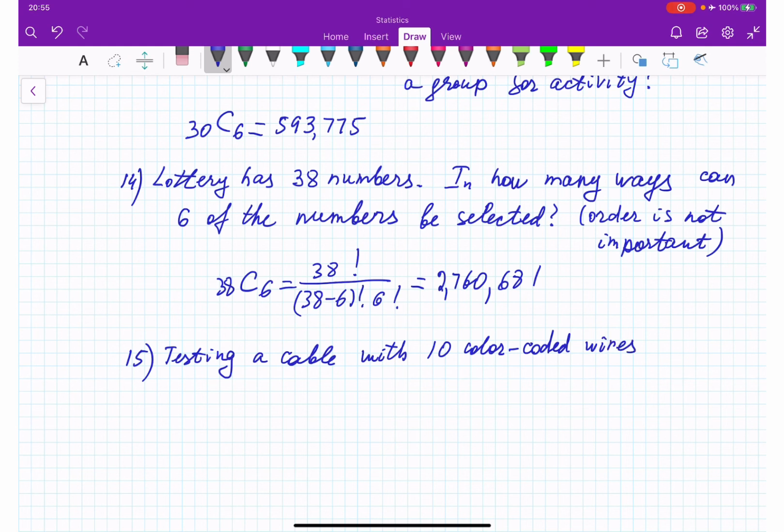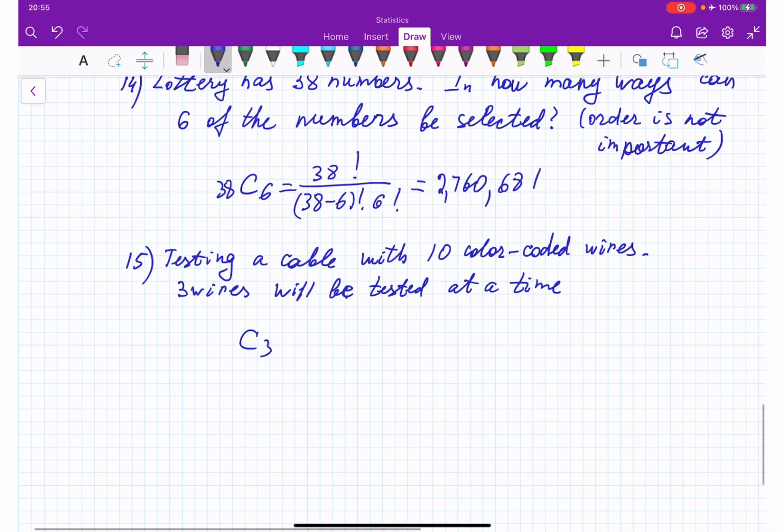And we are going to test 3 wires at a time. Obviously, order is not going to be important, right? So we are going to use combination, 3 out of 10. So 3 out of 10 is going to be 120.